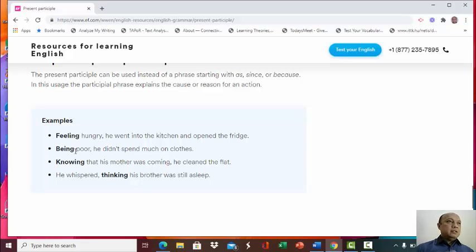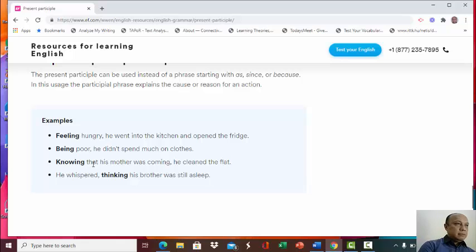You can shorten the clause that explains the action into being poor, he didn't spend much on clothes. Again, please notice that the subject of poor and didn't spend here refers to the same subject, which is he.